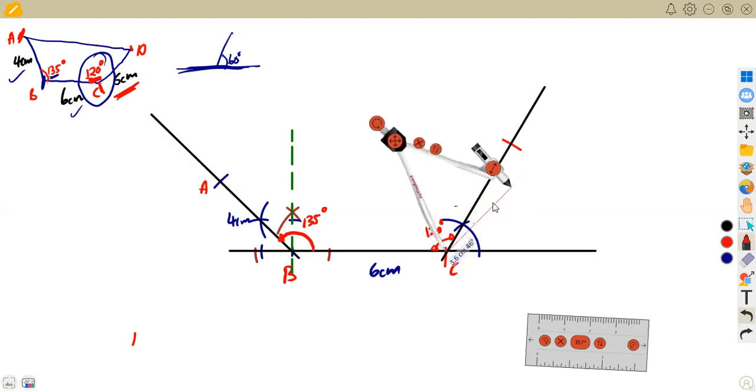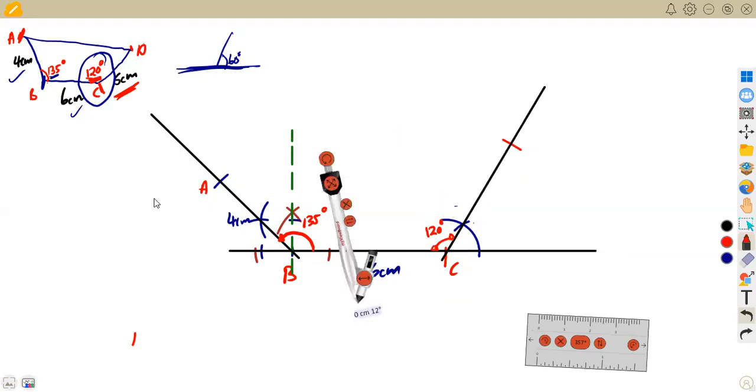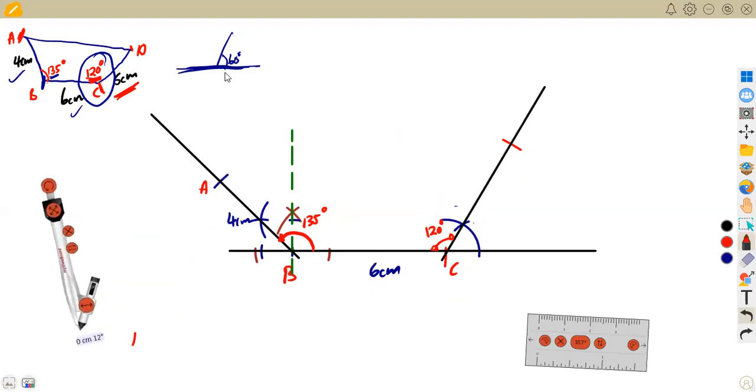By doing this, we have marked the possible position where point D is supposed to lie. This point is 5 centimeters from C and 120 degrees from C. So that's the possible position for D.